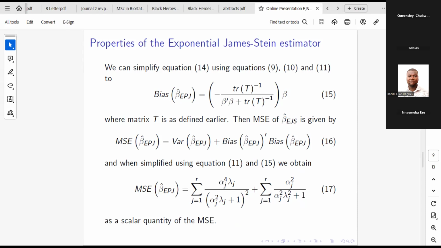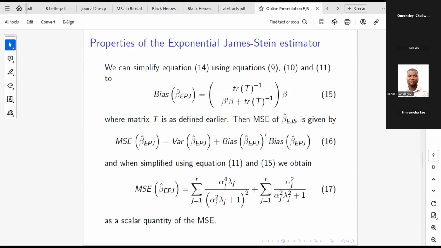And when we simplify using equations 11 and 15, since in those equations we explicitly presented the bias, it would give us the mean squared error, which would be a summation of the alpha and the lambda.